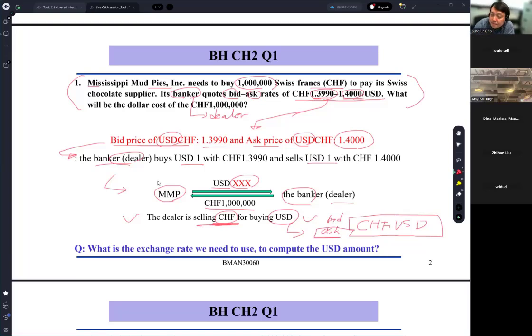Is this clear? So MMP is the customer buying Swiss franc. Banker dealer is selling Swiss franc for getting USD. So the price should be ask price of CHF USD. Dealer sells Swiss franc at ask price of this.